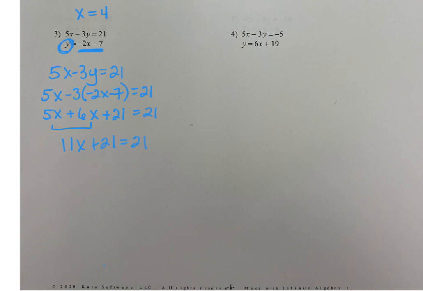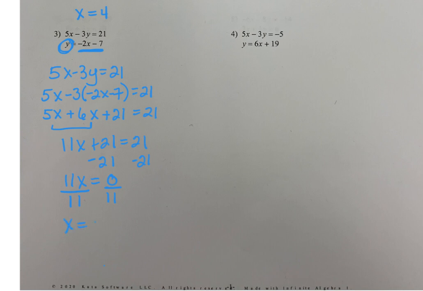Now my next step, I've distributed, I've combined like terms. Now I need to get rid of my constants. So by subtracting 21 from both sides, I'm left with 11x equals 21 minus 21, which is 0. Now get rid of my coefficient by using inverse operations and dividing by 11.